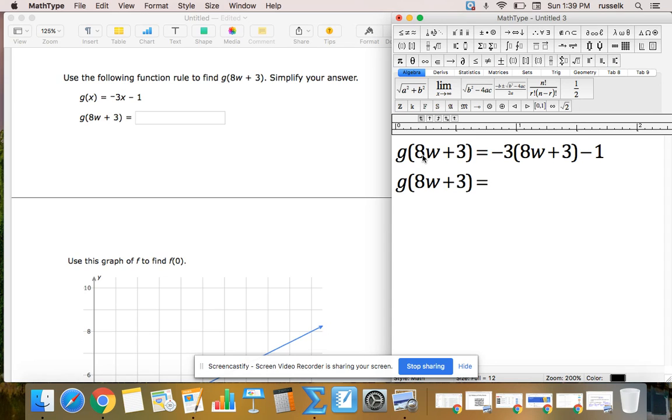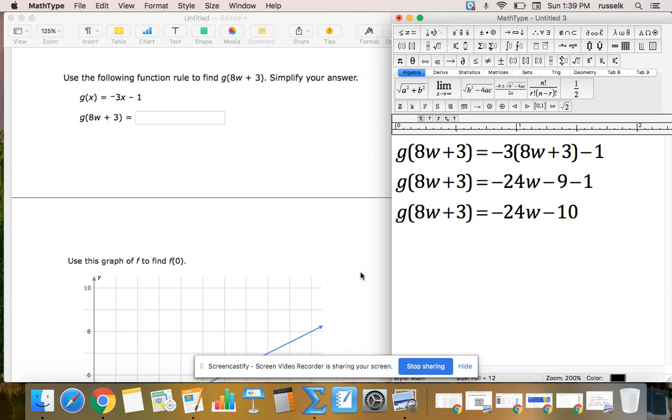And distribute the -3, giving us -24w, and then plus -9. Still have that -1 at the end. Now we can combine our like terms at the end. Get -24w minus 10.